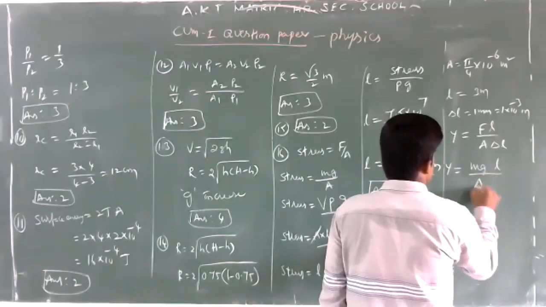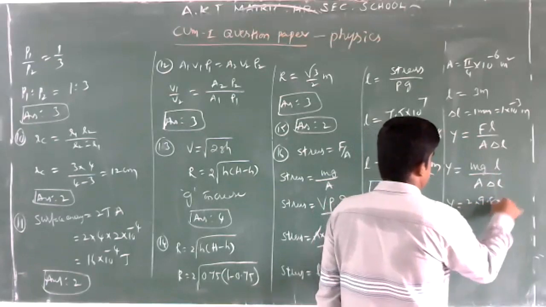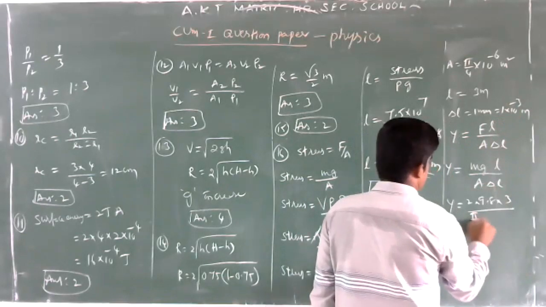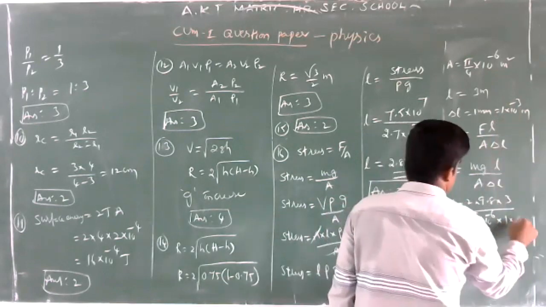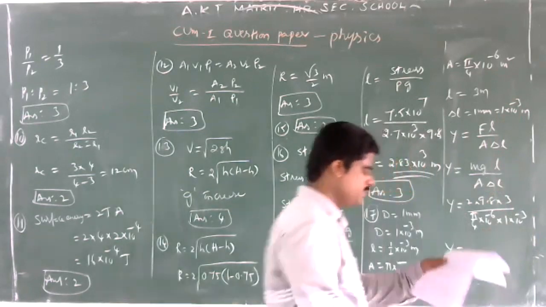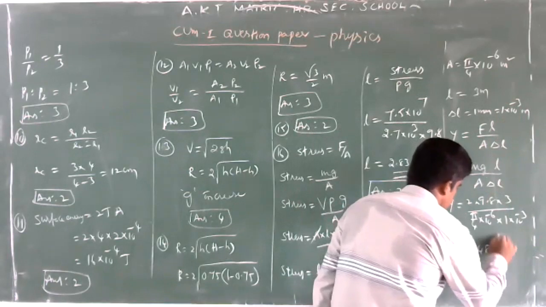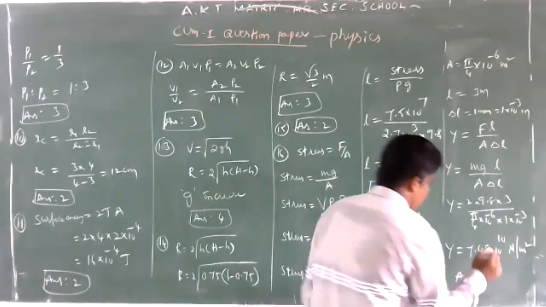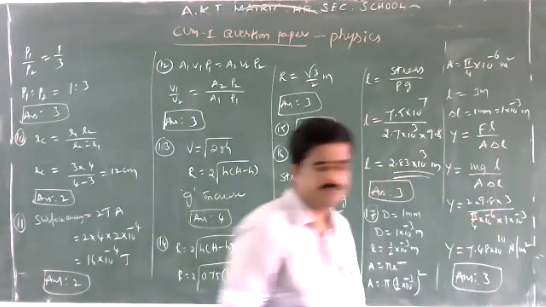Then Y is equal to 9.8 into the length 3 divided by the cross-sectional area pi by 4 × 10^-6 into delta L, 1 × 10^-3. Simplify this and you will get the Young's modulus of the given wire: Y is equal to 7.48 × 10^10 Newton per meter square. So which option is correct? The third option is correct.